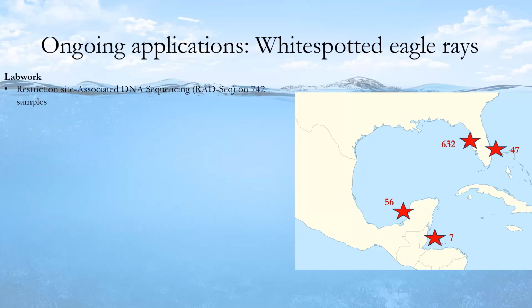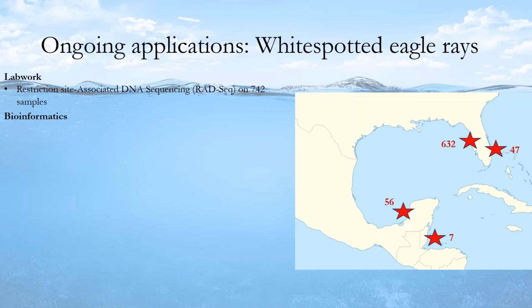So last year, I spent a lot of time in the lab conducting restriction site-associated DNA sequencing on 742 samples. With 742 samples, we're kind of in that gray area between 500 and 1,000, and we decided that it was not worth the time and effort to develop a panel, so we just went straight through with it.